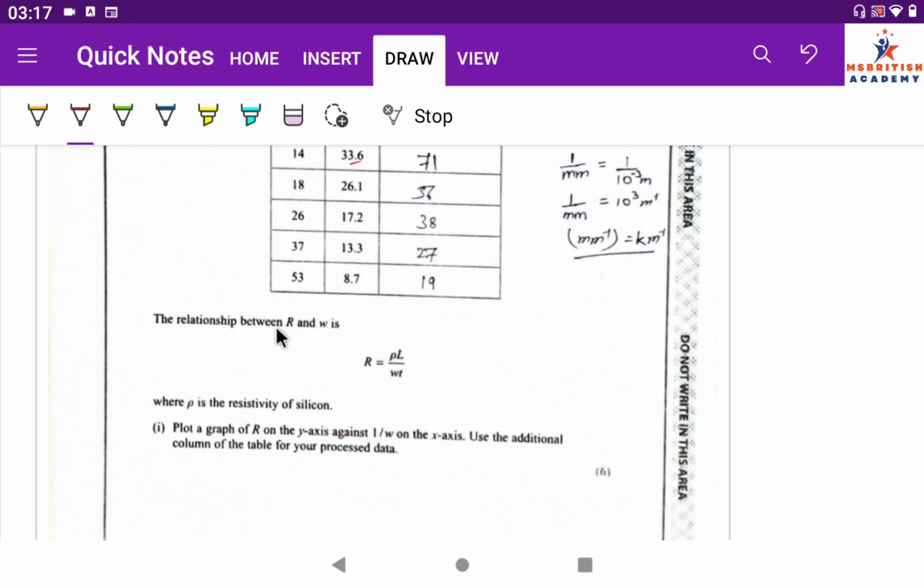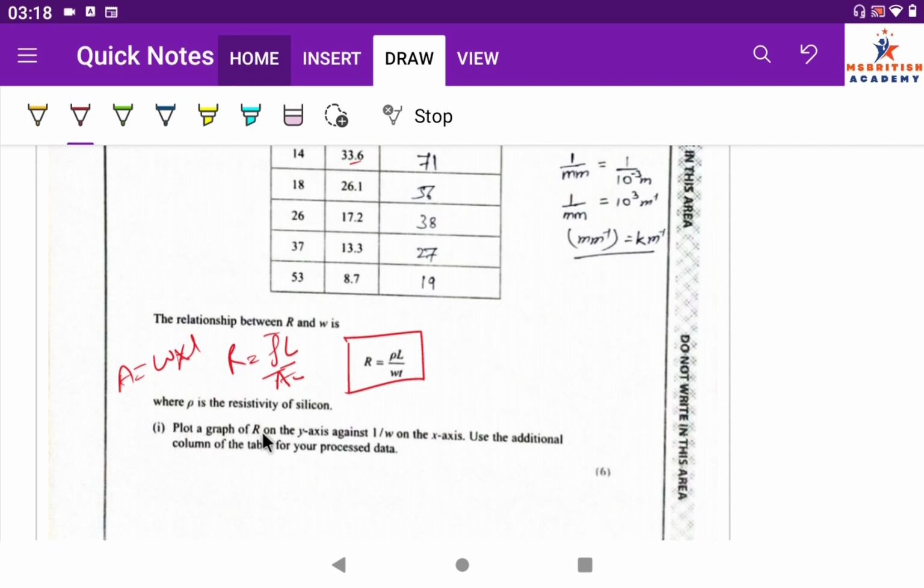The relationship between R and W is this: as we know the formula of resistance, rho L by area, and in place of area you can use W times T. So R equals rho L by WT, where rho is the resistivity of silicon.